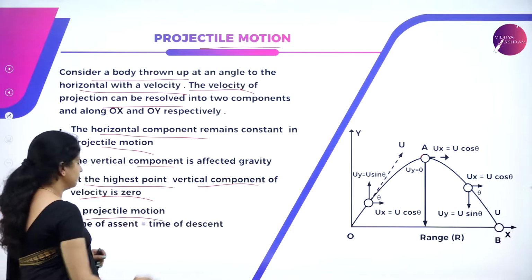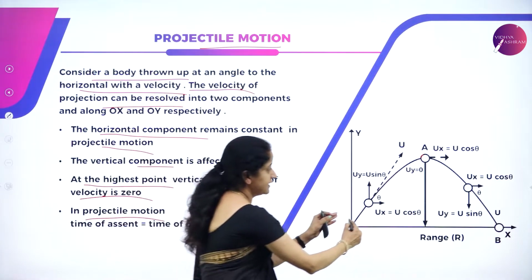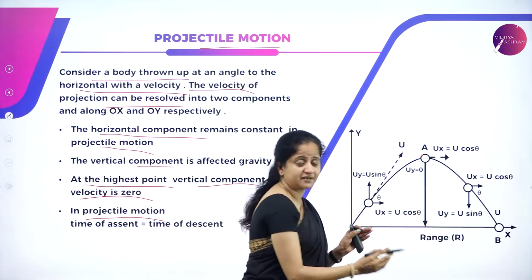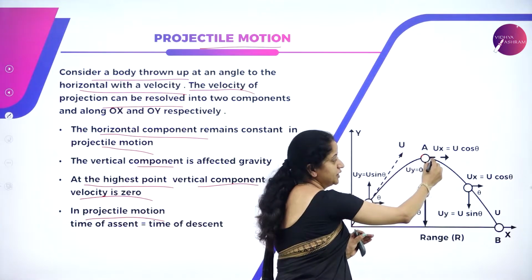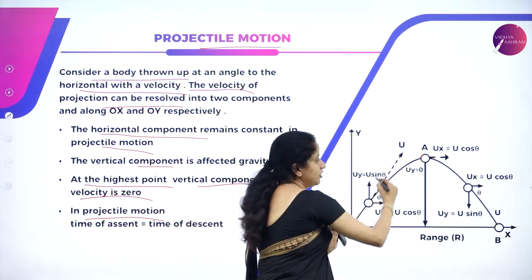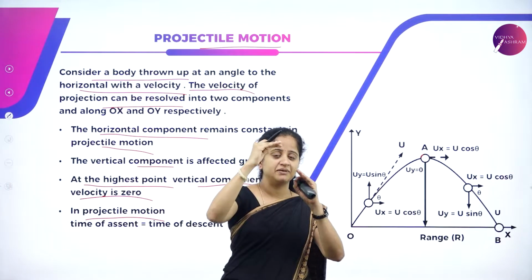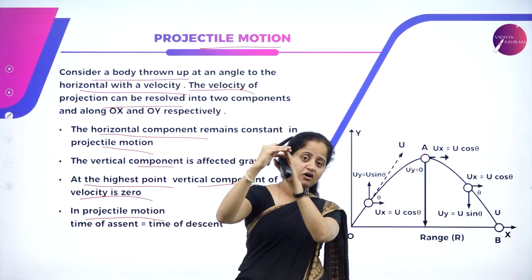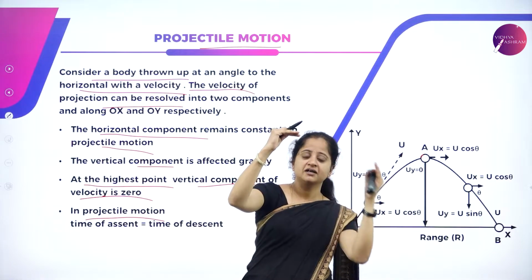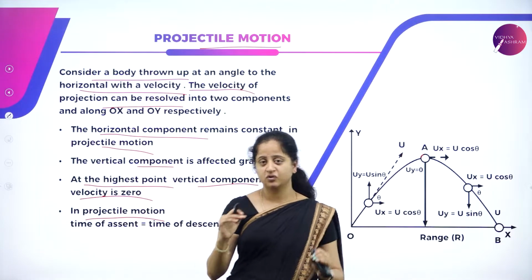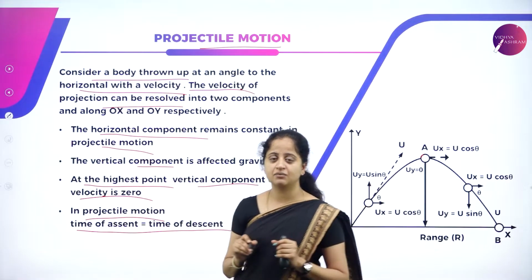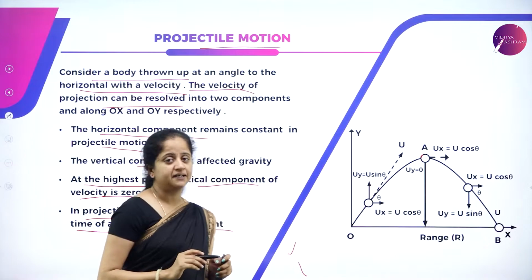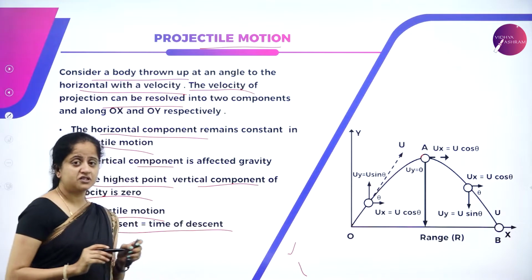So in projectile motion, time of ascent is equal to time of descent, which means the time taken by the object to reach the highest point is equal to the time taken by the object to move from this point and reach the ground. So these are the conditions of projectile motion.